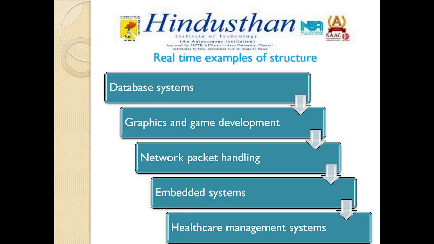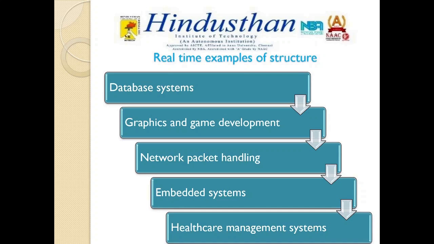Now let us see real-time examples of structures. First one, database systems such as employee management, student management, bank account management. Graphics and game development. In graphics and game development, structures in C are widely used to represent complex entities like characters, objects, game states, points and colors, among others. Network packet handling. It contains various fields such as source and destination address, protocol information, data link, and payload.